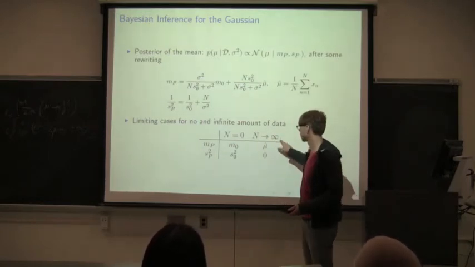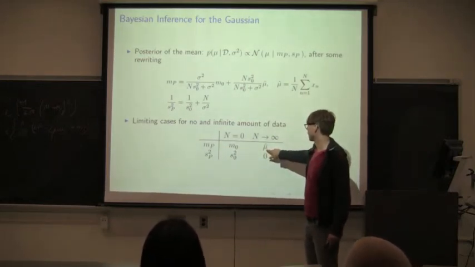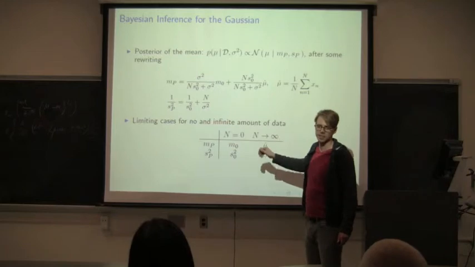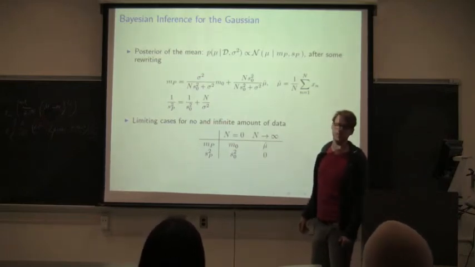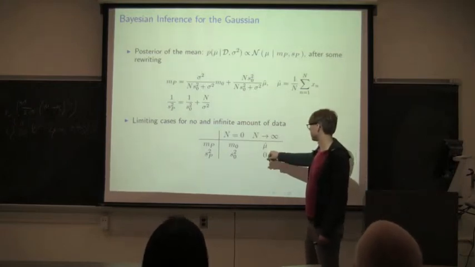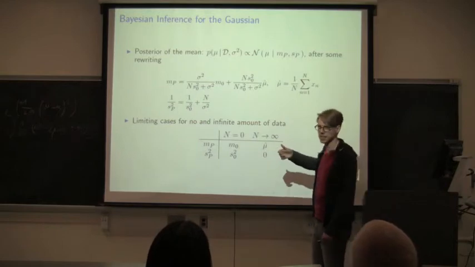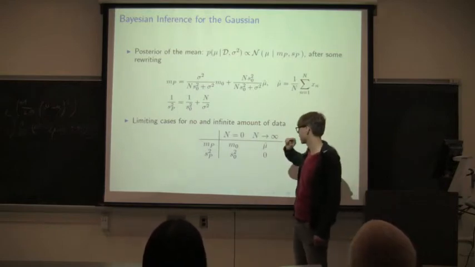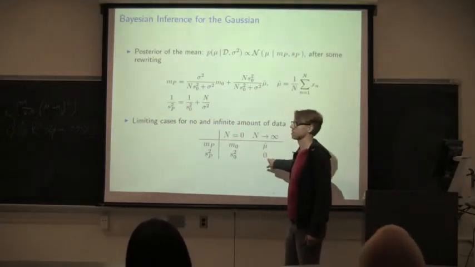And so if n goes to infinity, the mean will be the maximum likelihood estimate, which for large amounts of data is very good. Actually, if the distribution is Gaussian, it will be exact in this case for an infinite amount of data. And the variance of the posterior will go to 0.